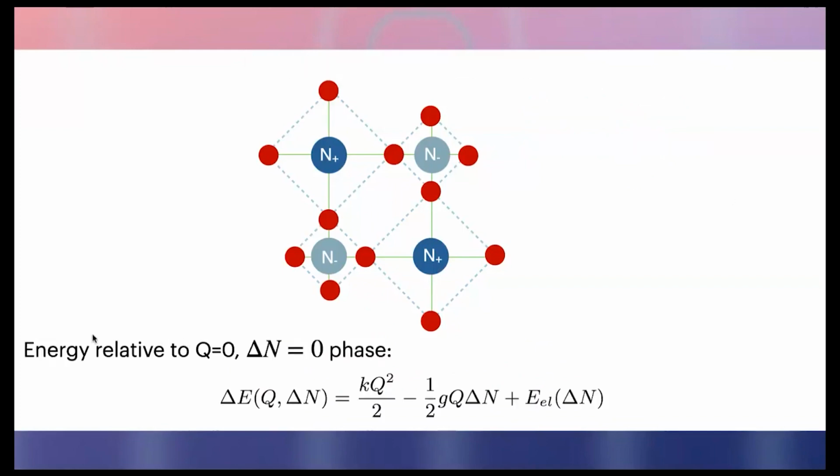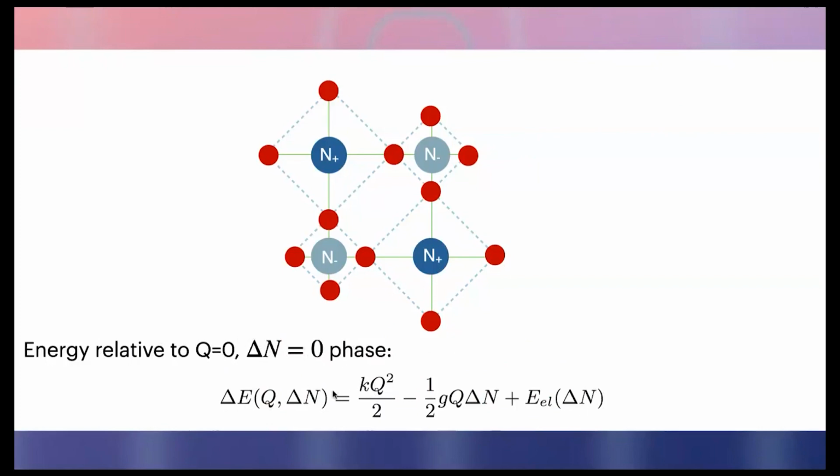So the energy of the insulating state can be defined relative to that of the metallic state. So that's at Q of 0, delta N of 0, right? Everything is metallic, everything is homogeneous. So you have something like this.